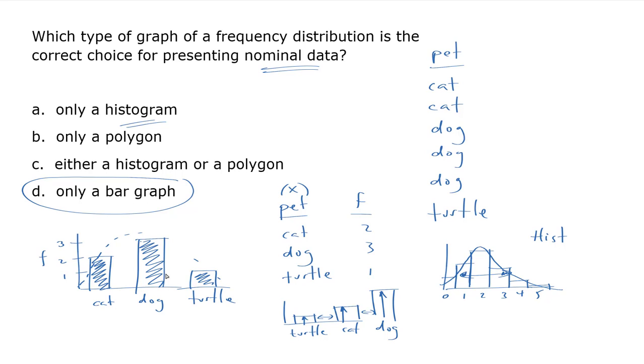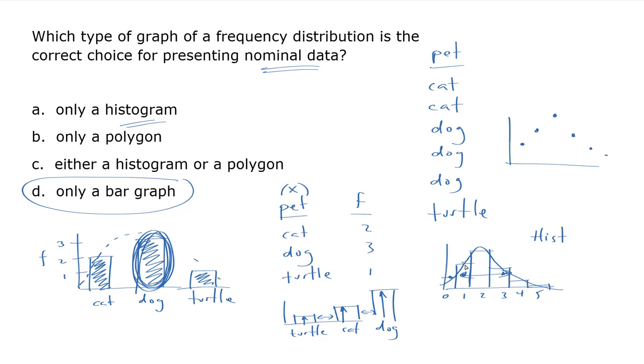This graph shows us that dogs are the most preferred pet in our sample, and that's all that we're supposed to be looking at. We're not supposed to be looking at growing and falling and extreme results in the ends. That's for histograms. Polygons are the same. Polygons are effectively just a histogram, but you just use dots instead of using bars.